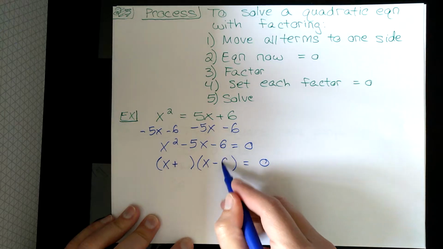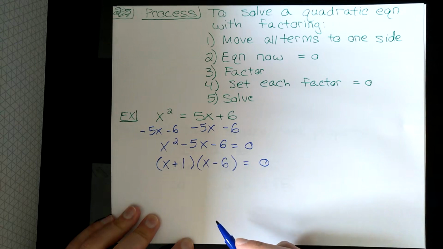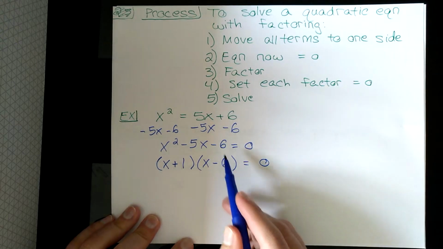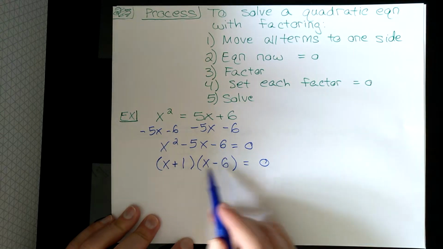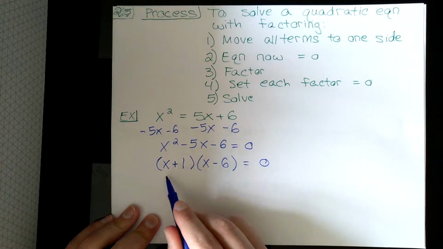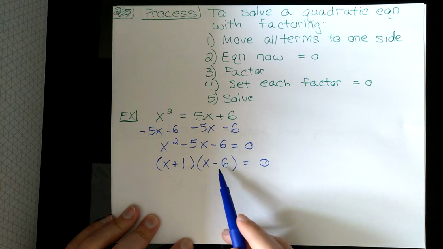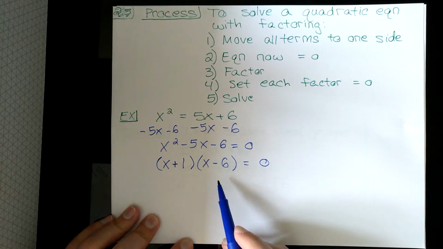So we should choose negative 6 and positive 1. 1 times negative 6 is negative 6. 1 plus negative 6 is negative 5. You could do a check off to the side if you wanted to make sure, but since this is just an intermediate step in the problem, the check is not required.